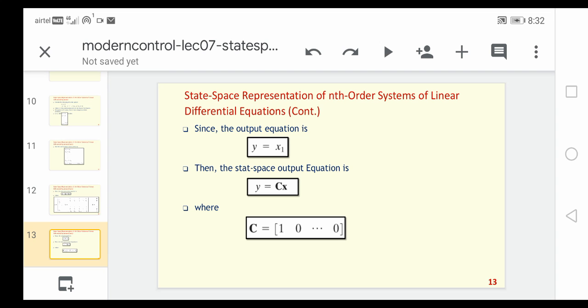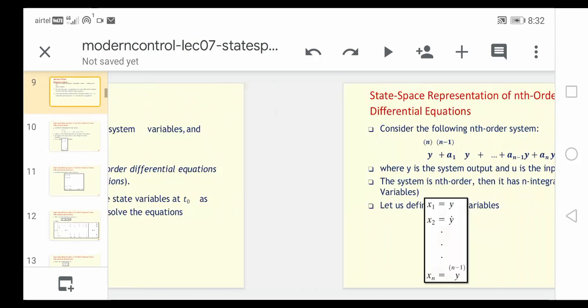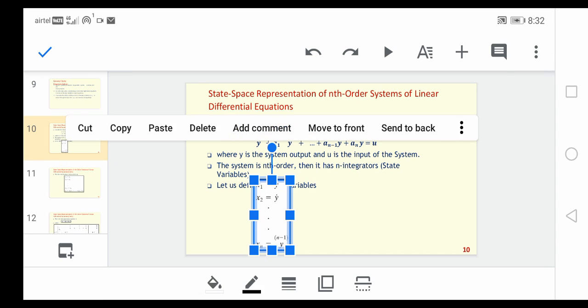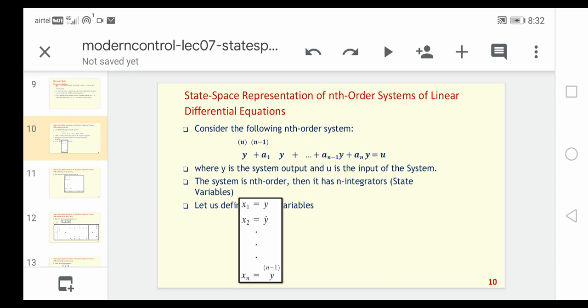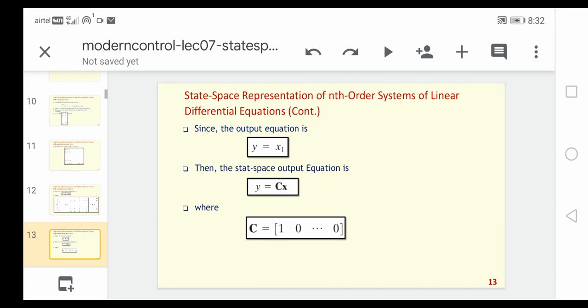Y is the output equation. In this slide we consider y is equal to x1, so we have y in the form y is equal to C x plus D u. So C will have only the x1 coefficient, so I am writing 1.